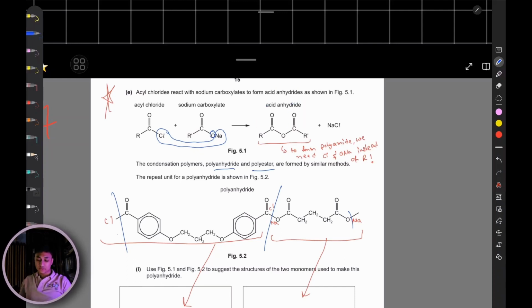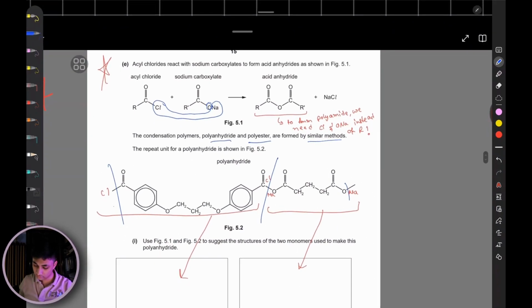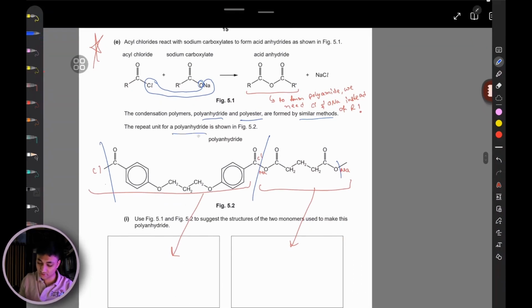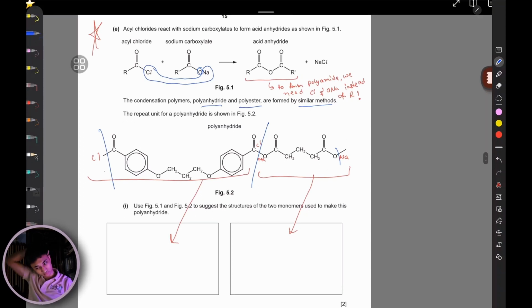Fair enough. So the next part is saying the condensation polymers, polyanhydride and polyester, are formed by similar methods. The repeat unit of polyanhydride is shown. So this is acid anhydride, right?